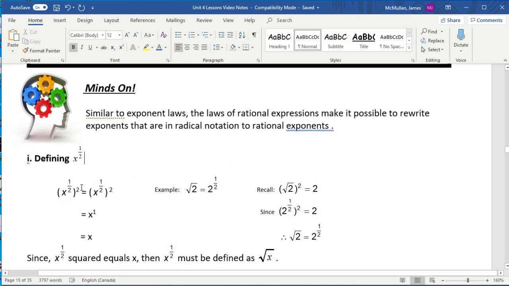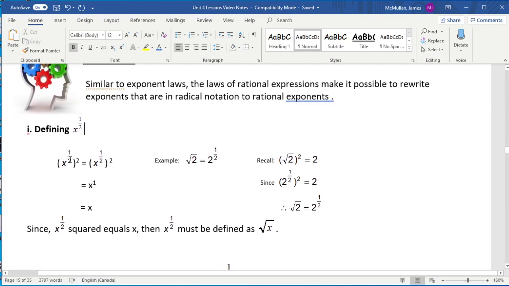Now, here is a really easy example to see where this comes from. Imagine you had x to the 1/2 and you squared it. If you squared it, then you would take the two exponents and multiply them together. When you multiply them together, they become a 1. And we know that x to the power of 1 is x itself. So it stands to reason that what number times itself gives you x?